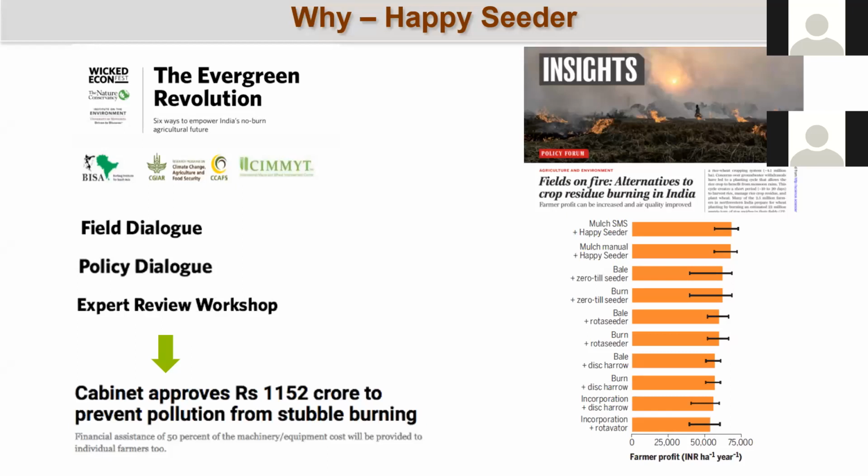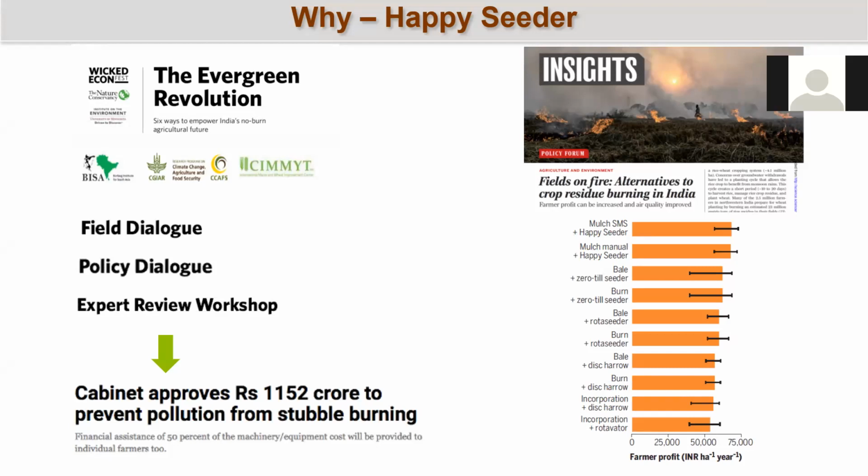Why we chose Happy Seeder is also important to understand. In 2017, we organized consultations with key stakeholders, including BISA, CGIAR, CIMMYT, and government organizations in Punjab and Haryana specifically. Then in Delhi also, we organized field dialogues, policy dialogues, and expert review workshops. On the right side, you can see one of the world's prestigious journals, Science.